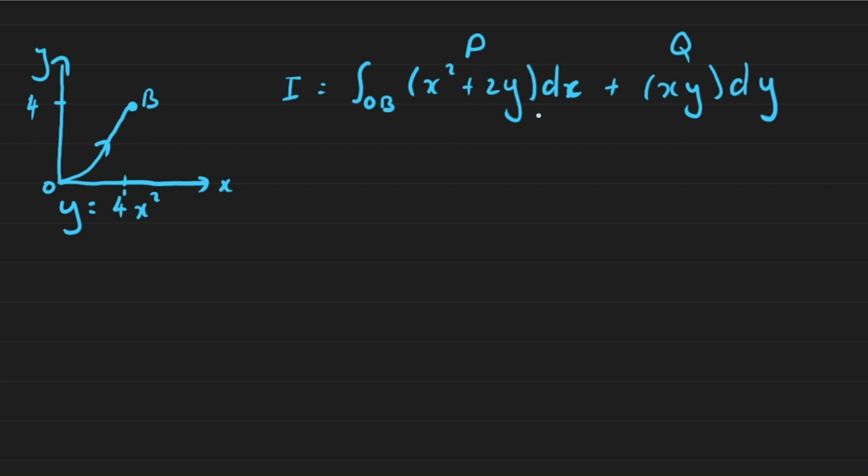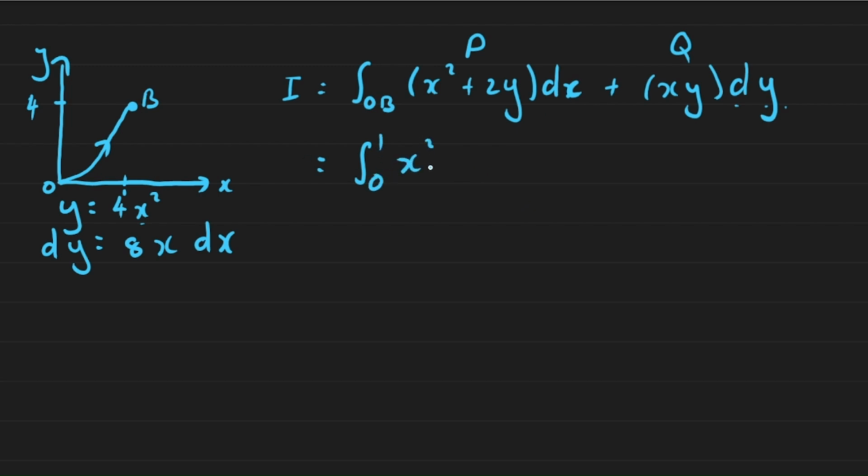We just need to evaluate this integral. Between these two points, the curve is y equals 4x squared, so that means that dy is equal to 8x dx. We simply substitute dy inside our line integral, and 4x squared where we have y. Our integration variable is x, so we're integrating from 0 to 1.